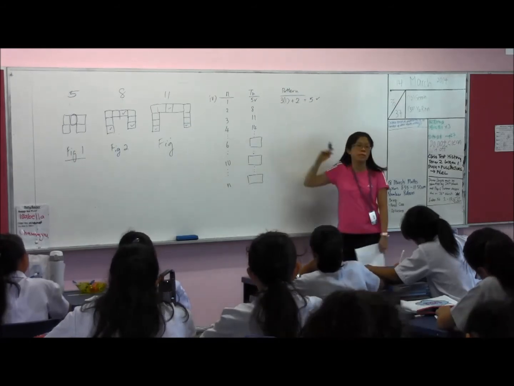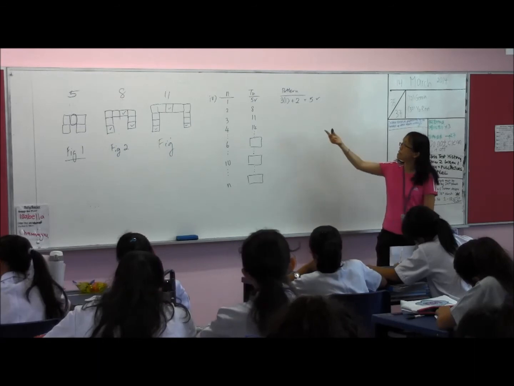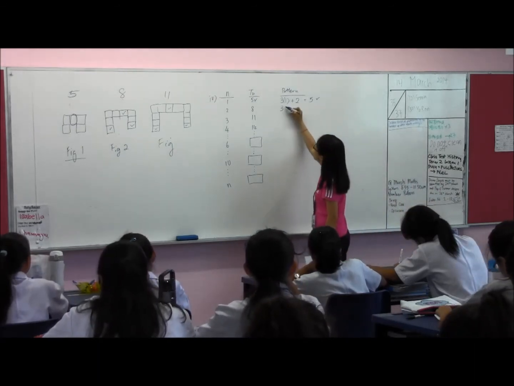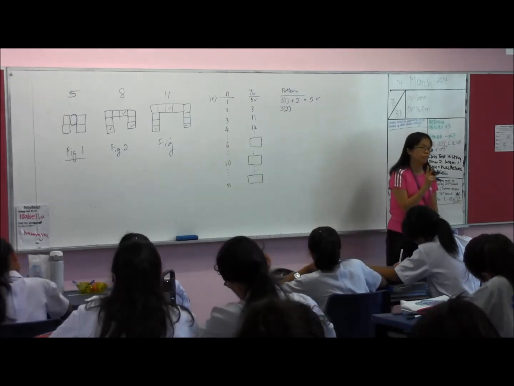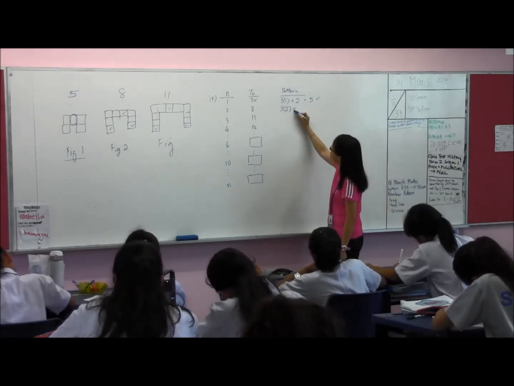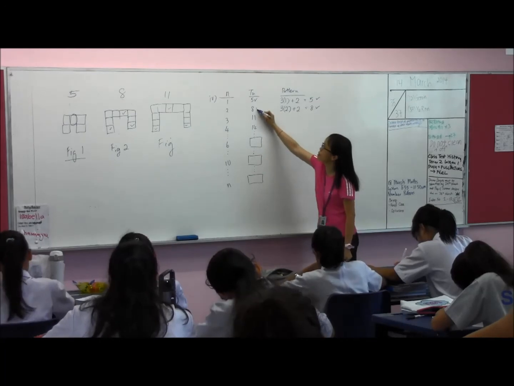Let's try using the same way and see whether I can get my second term, which is 8. So times 3, now it is pattern number 2, so in the bracket you put 2. Then 3 times 2 is 6. 6 plus 2 is 8. Yes, I get my second pattern.